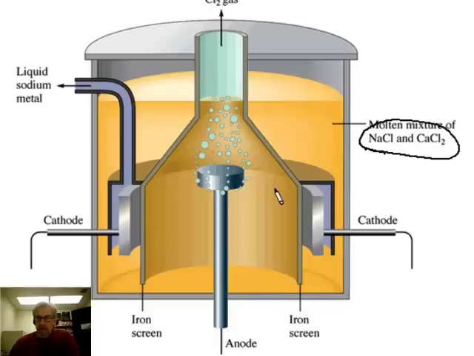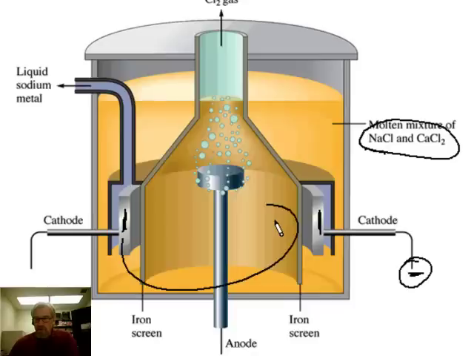In the middle there's almost like a chimney, and around that chimney is a ring of metal, or maybe it could be carbon, that's connected to the negative terminal of a current source. So all the way around here we have this ring, and that current source turns that metal ring into a cathode.